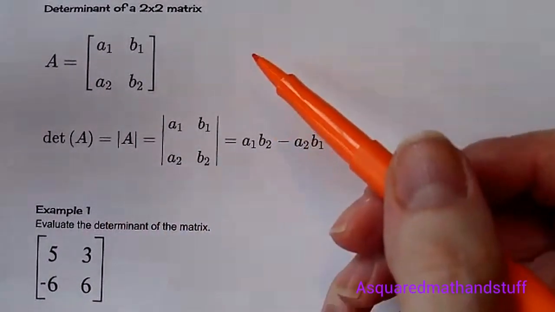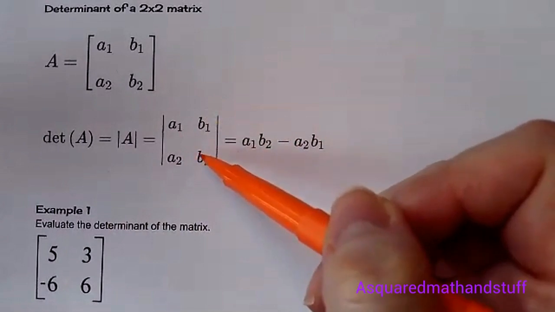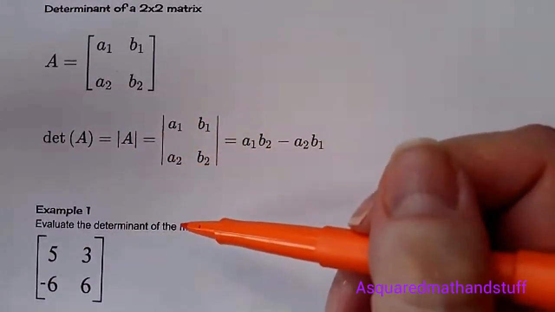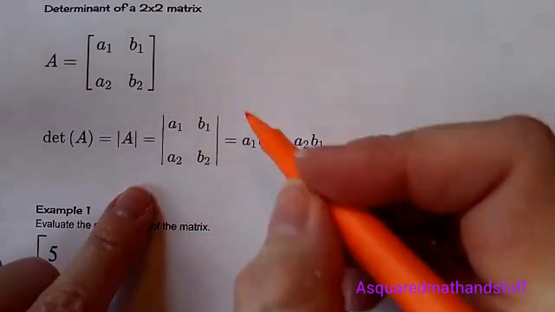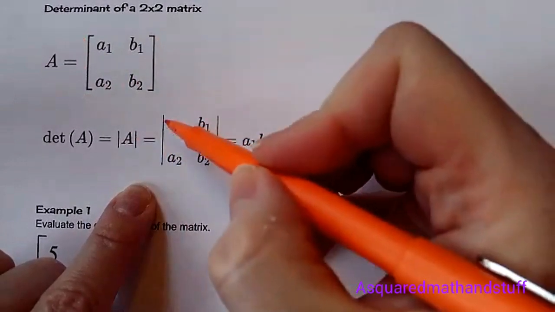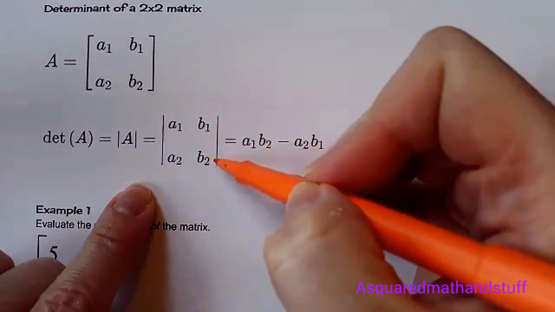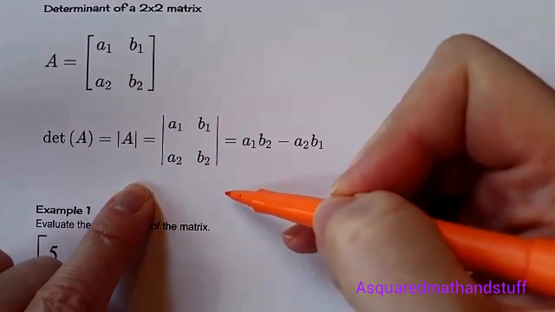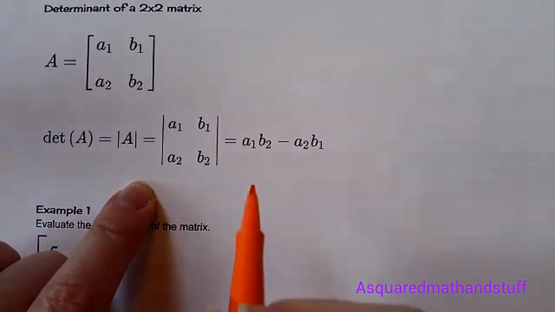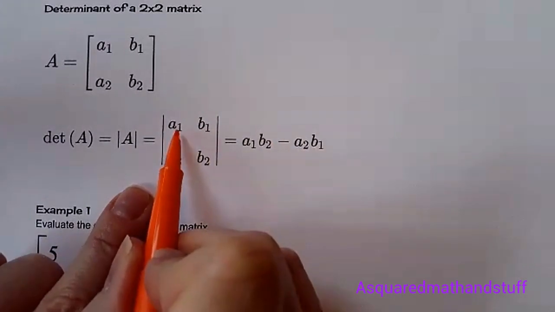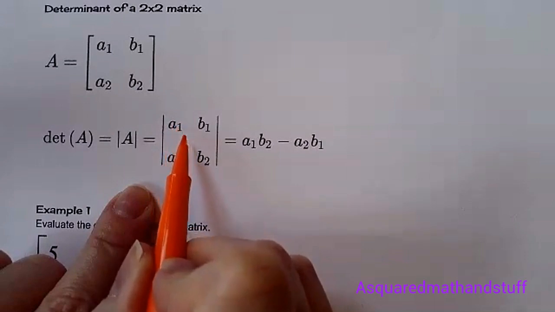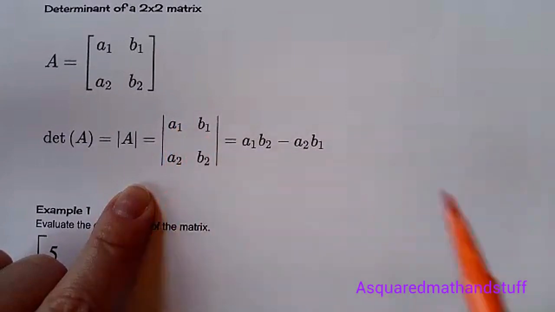And then we look at the values that are in the matrix. So for a 2 by 2, once we indicate that we are writing or solving for the determinant, we take this matrix and we get rid of the square brackets and we turn them into just those vertical lines. That indicates that mathematically we are solving for the determinant. And then from there, for a 2 by 2, we pretty much crisscross and multiply.